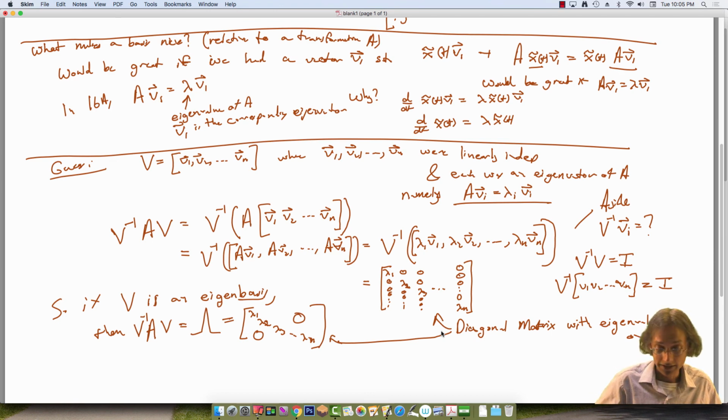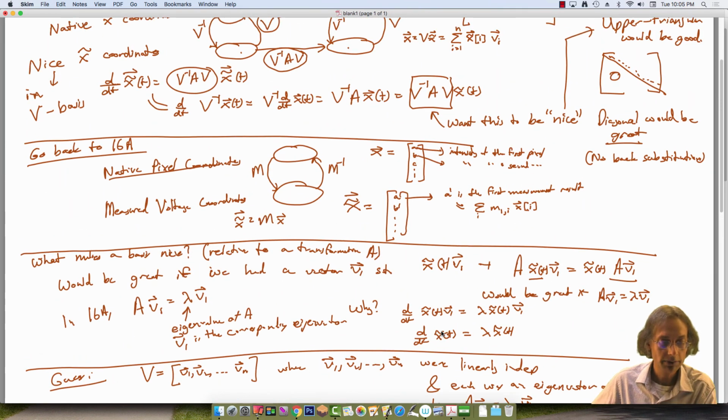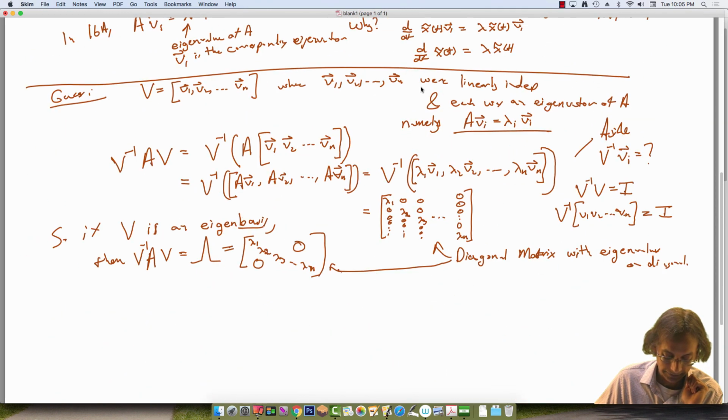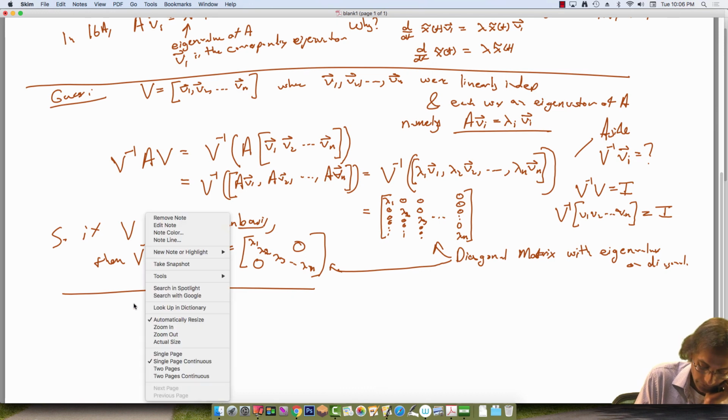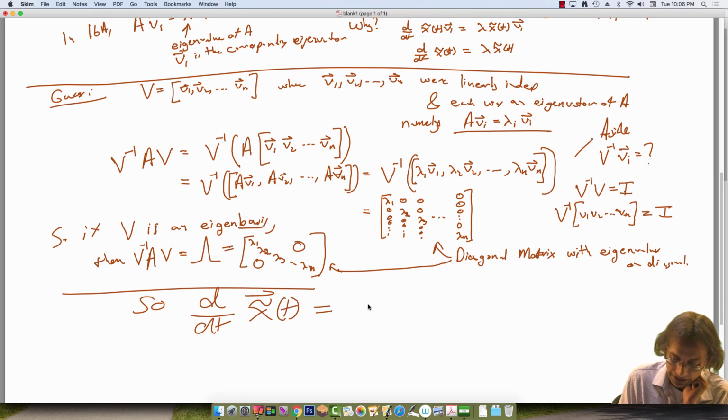So what does that mean in the context of our problem? Our problem says that the system of differential equations that governs x tilde as a vector is governed by this matrix. But that's diagonal, which means d by dt of x tilde of t is just that diagonal matrix times this vector.